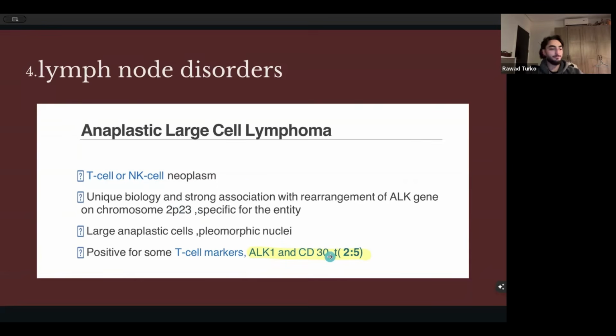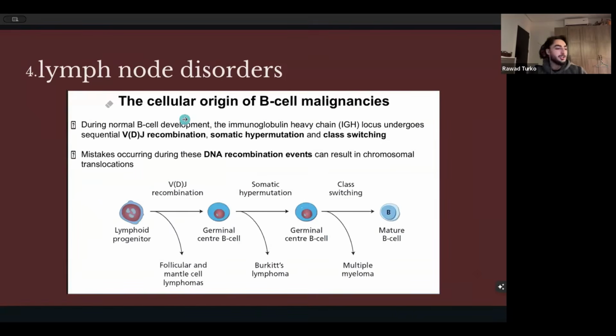And CD30 plus. Okay. Now, I wanted to touch a little bit upon the cellular origin of B-cell malignancies since we just went through all of the non-Hodgkin's lymphomas. So with B cells, what you get are these two things called the VDJ recombination and the somatic hypermutation. These are the ones that I want you to focus on right now.